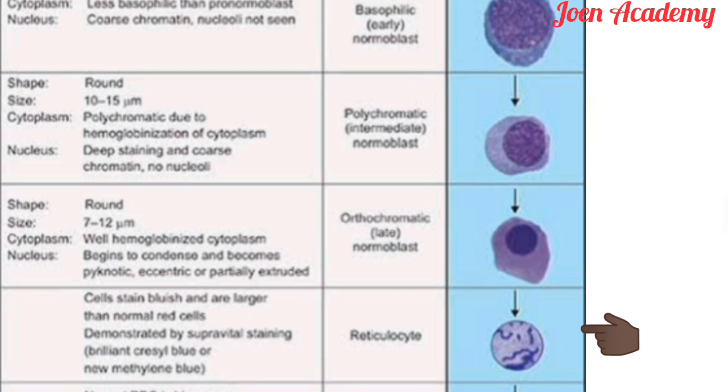The reason why this cell is called the reticulocyte is due to the reticular network in the cytoplasm of the cell. Also, the reticulum in the reticulocyte stains with supravital stain. In newborn babies, the reticulocyte count is 2% to 6% of the red blood cells, which means 2 to 6 reticulocytes are present for every 100 red blood cells.